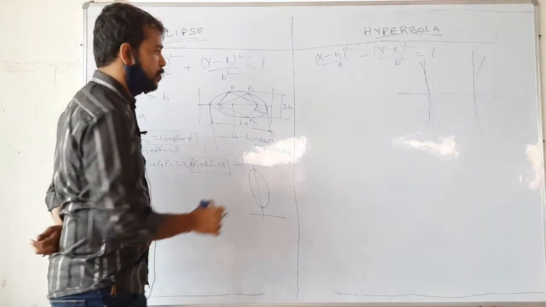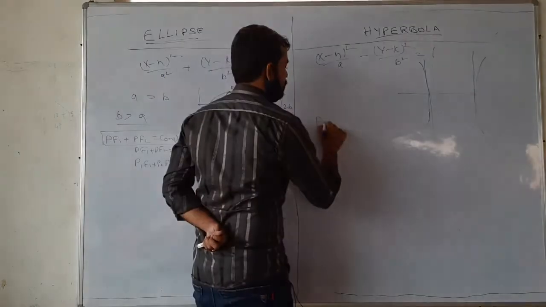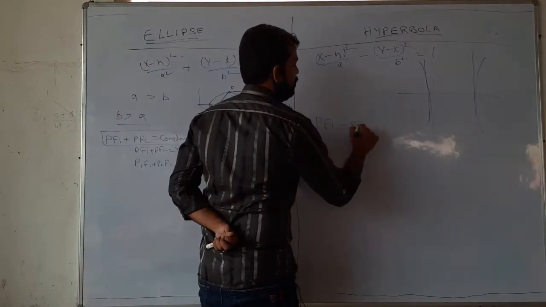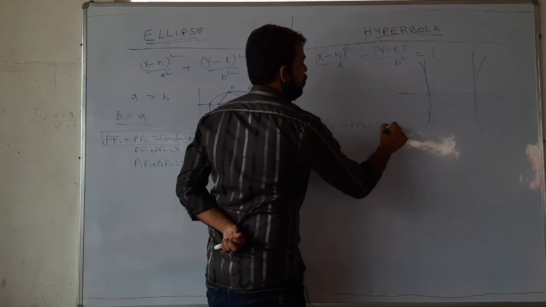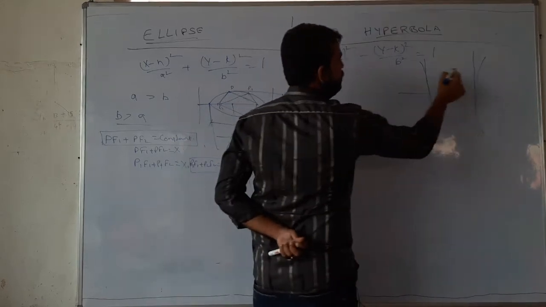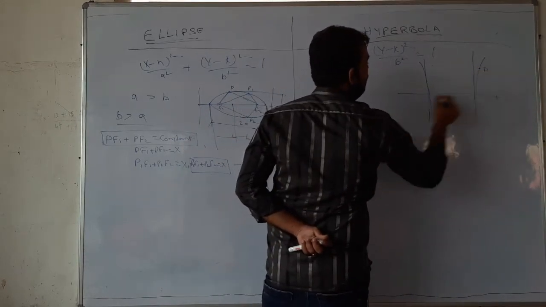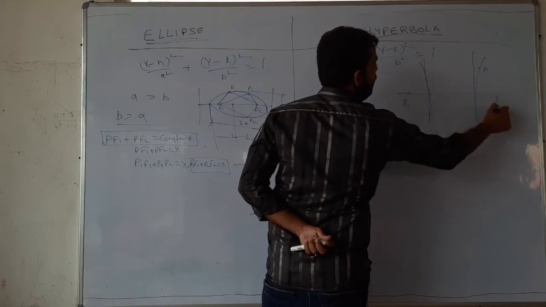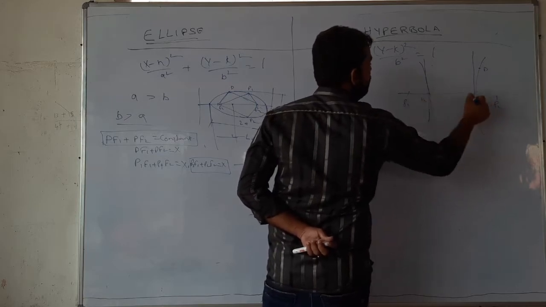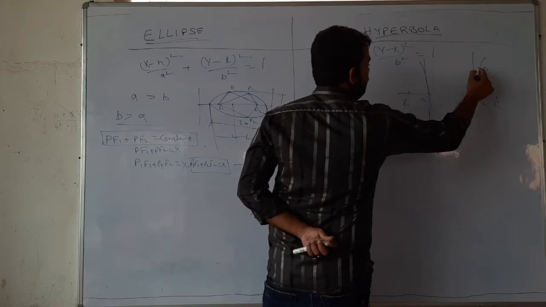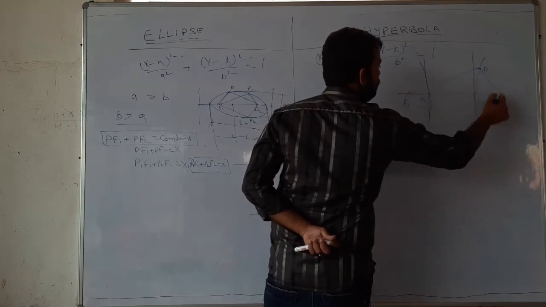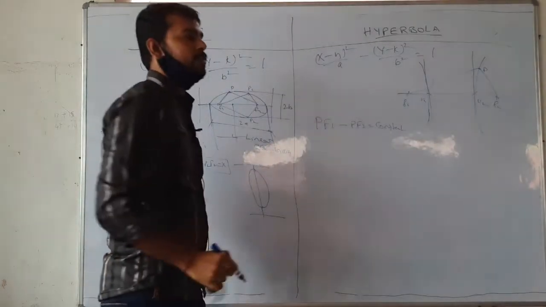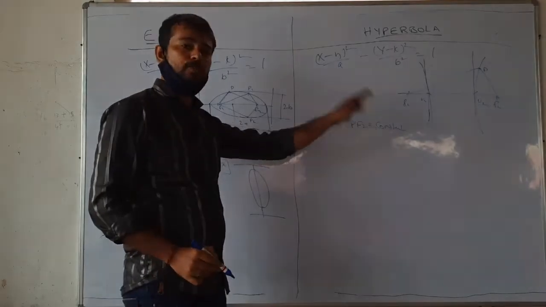But here in the hyperbola it is the difference: PF1 minus PF2 is equal to a constant. Suppose you consider any point here, and F1 and F2 will be here, and this is V1 and this is V2. PF1 minus PF2, the difference, is equal to a constant.